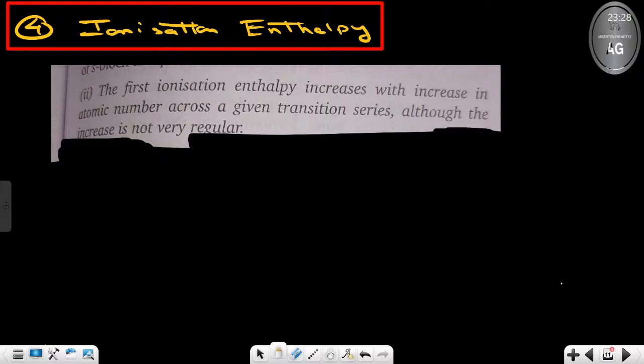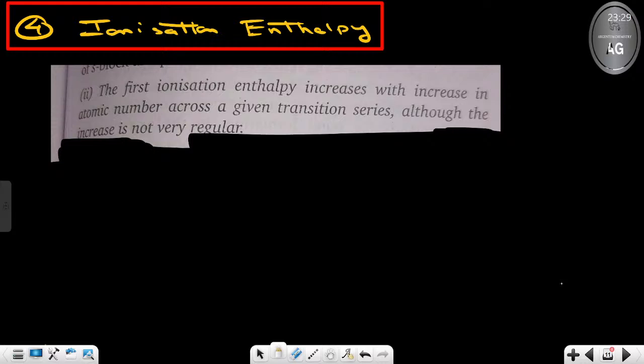But the problem is that first ionization enthalpy is written as increase in atomic number. See, the same point is written in a different way. Now I say IP increases across a period from left to right, and that is written as increase in atomic number, because from left to right atomic number increases. So what will be the answer?